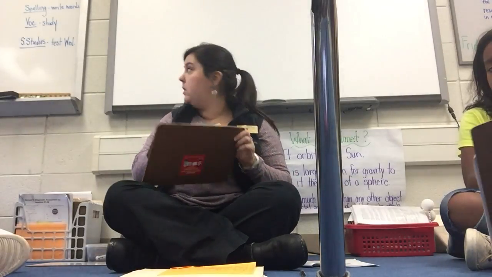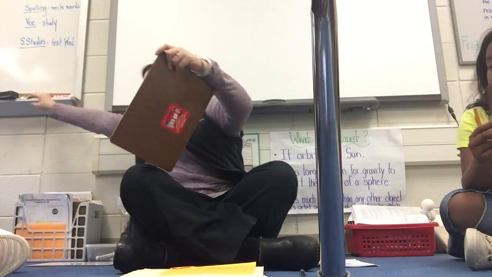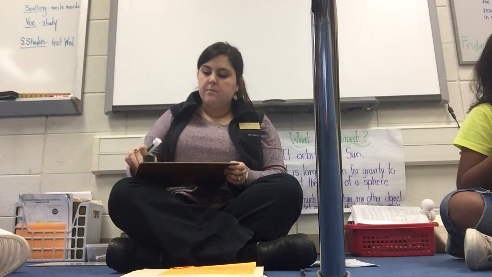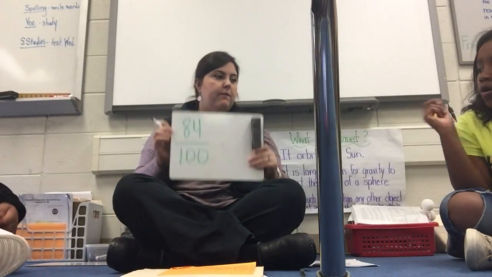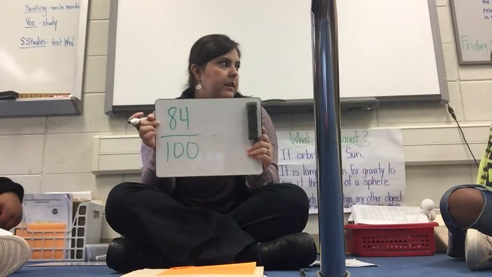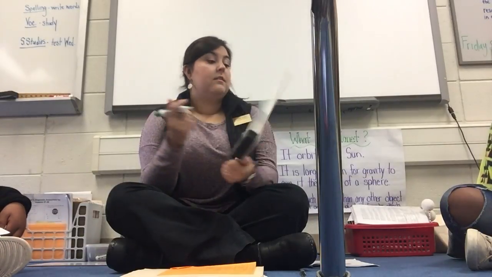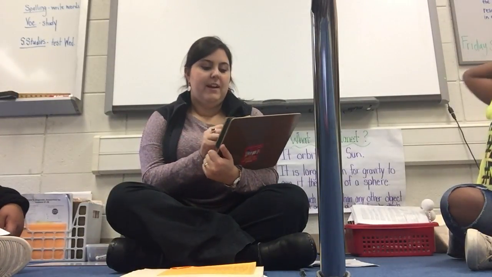But they didn't give me a fraction, so I'm going to write one. So you have 84 over 100, but you need to write this as a decimal. Raise your hand. What is my decimal for 84 over 100? Amani? 0.84. Good.